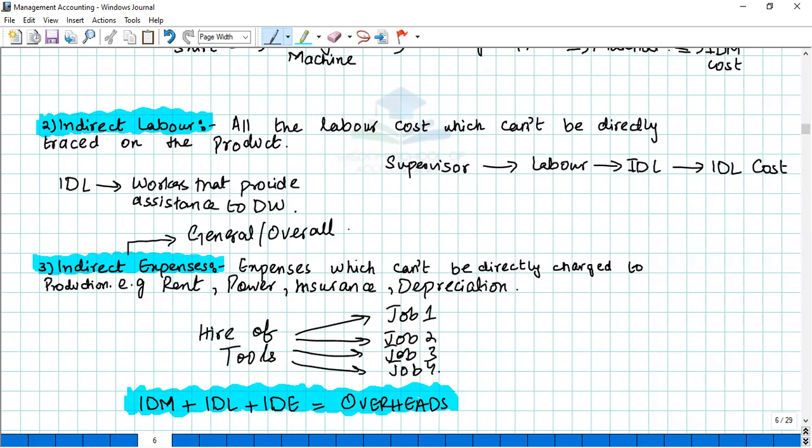You are not incurring that expense for a specific reason. You are incurring the expense for doing different things, different jobs. So the hire of tools will be indirect expense. In this way, you have to differentiate between direct expense and indirect expense. Now, the sum of all direct cost is known as prime cost. The sum of all indirect cost is known as overheads.